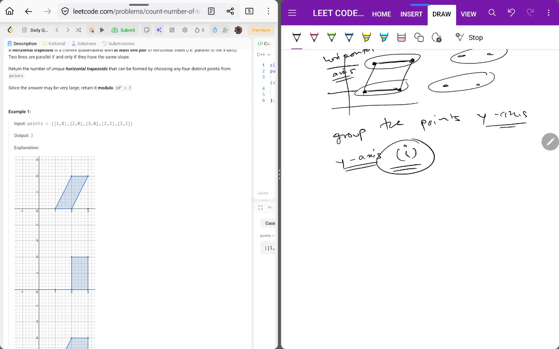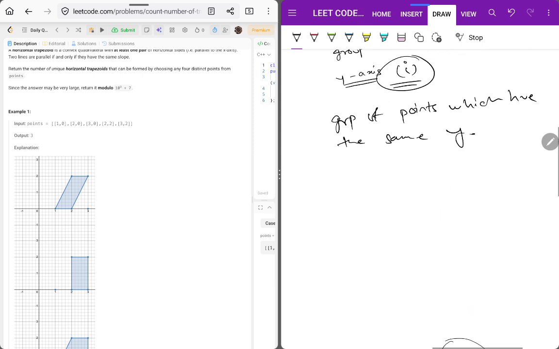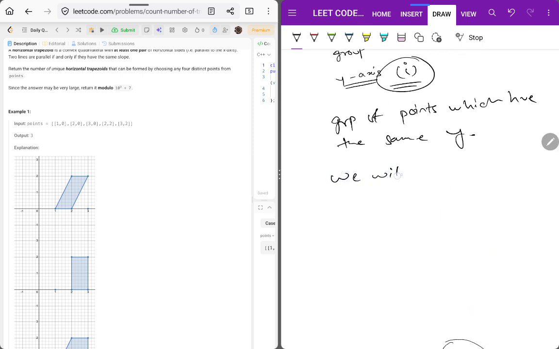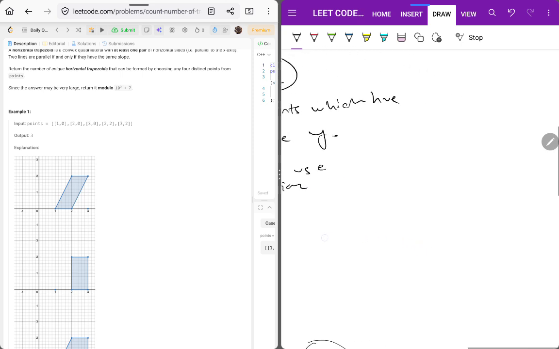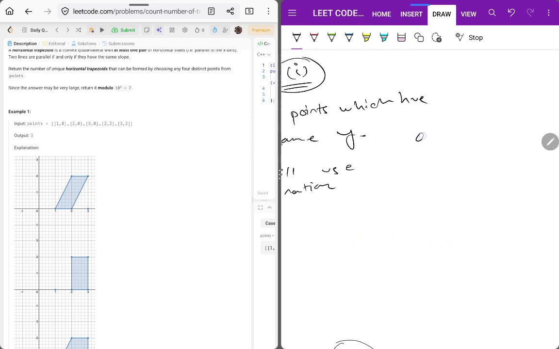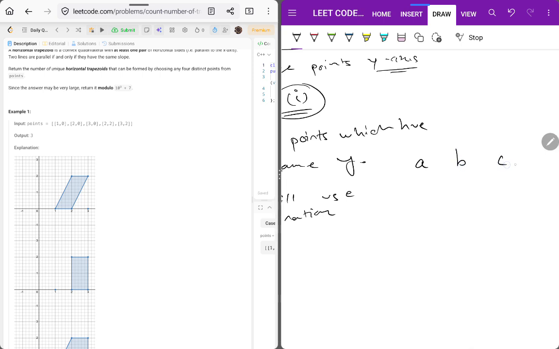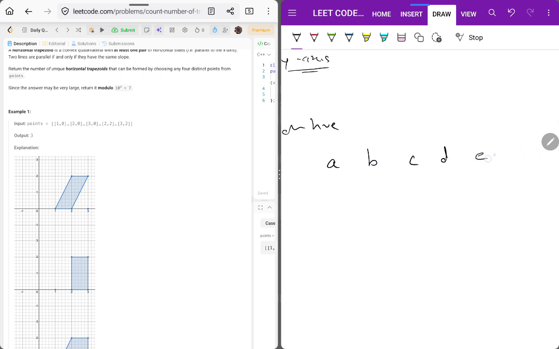So once we have these groups of points which have the same y, we will use combination. So how will we use combination? Suppose there are groups A, B, C, D and so on.